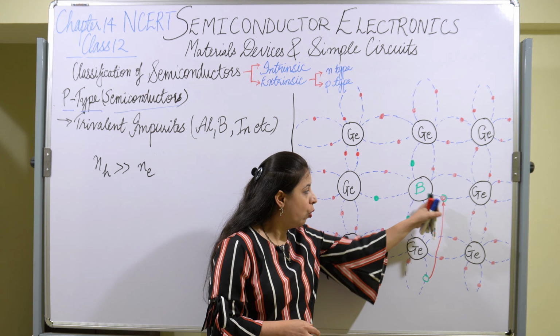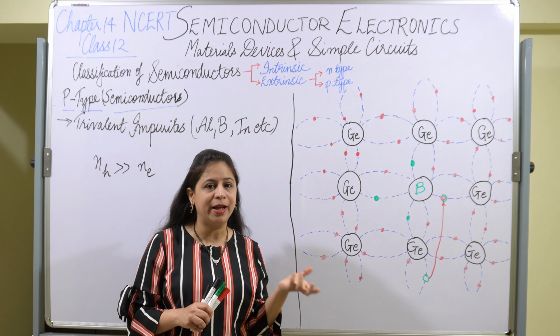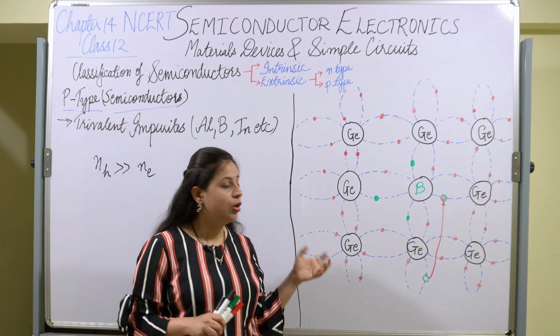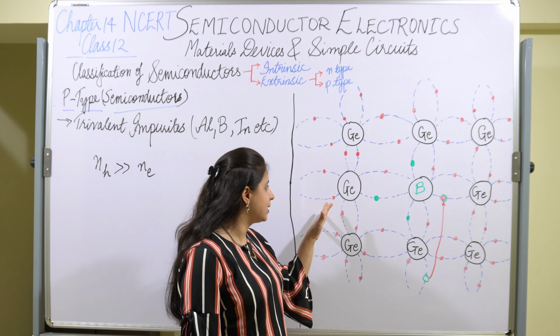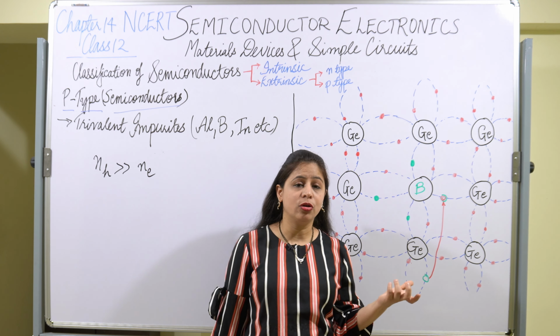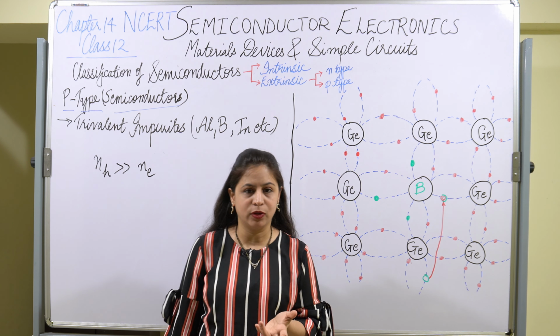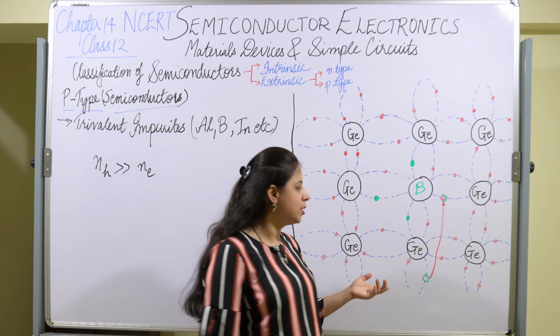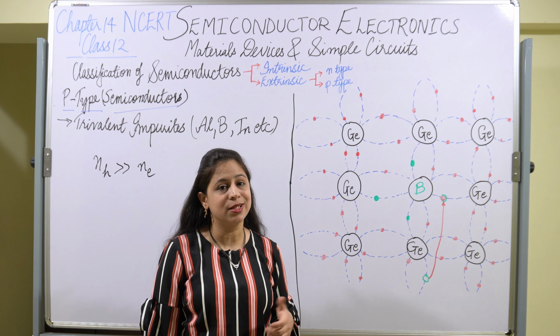Some covalent bonds break, and the electrons start moving in the crystal, and some of the electrons recombine with the holes, but still the concentration of holes is greater.